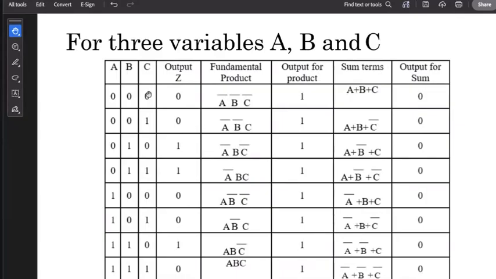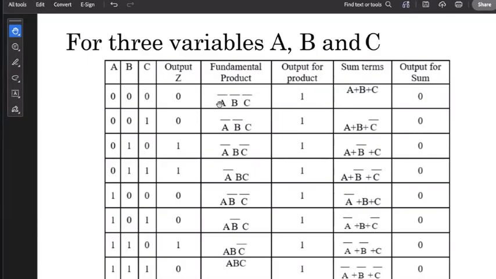Now see, if A is 0, B is 0, C is 0, to have a 1 as a product, what should we do? Since all are 0, everything should be negated to get 1.